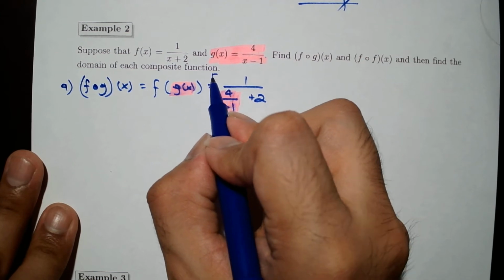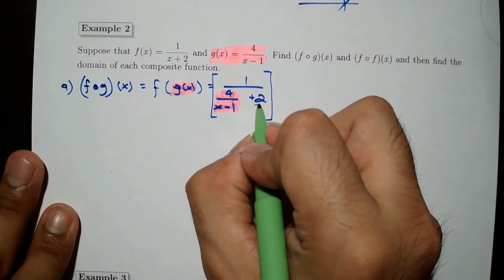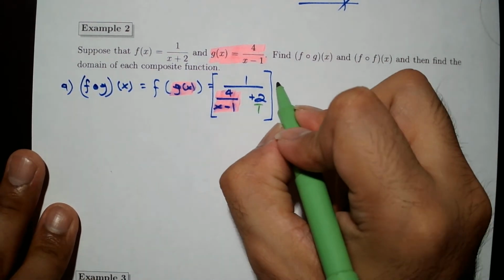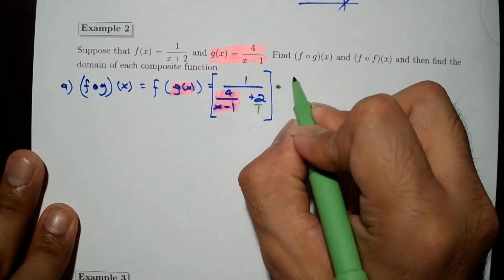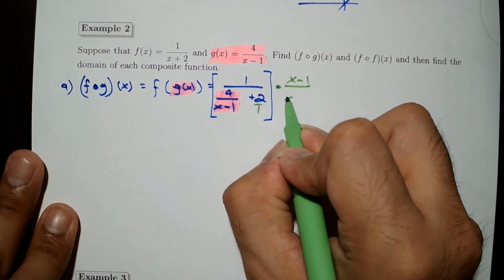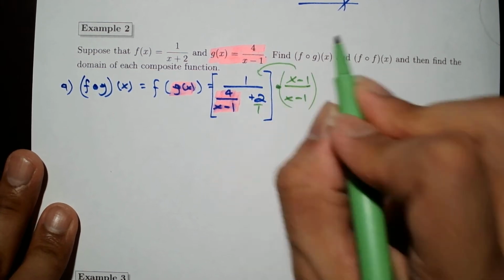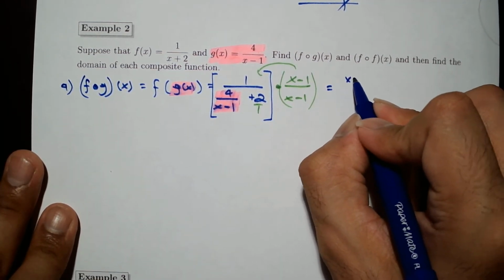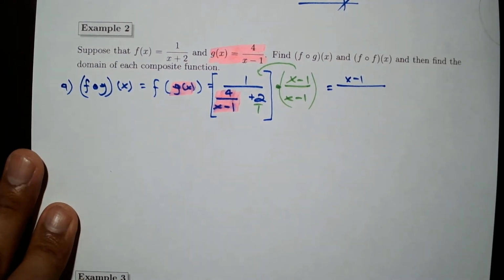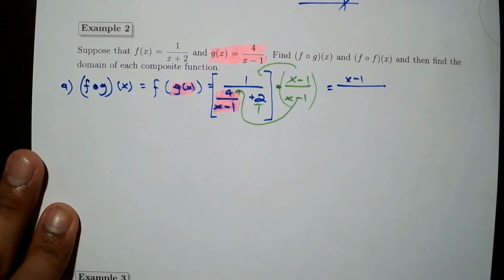Now, in order to simplify this complex fraction right here, I'm going to divide by 1 over here, and then I'm going to multiply numerator and denominator by the LCD, which is x minus 1. So I'm going to multiply x minus 1 times 1. That's going to give me x minus 1 divided by, I'm going to multiply x minus 1 times 4 divided by x minus 1.